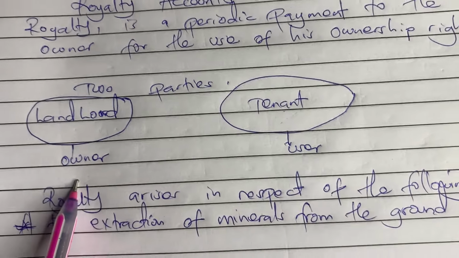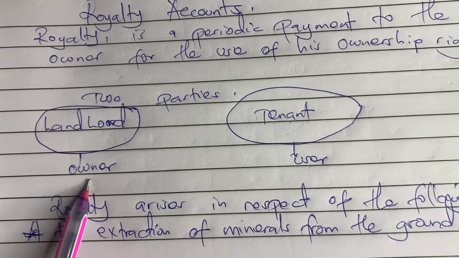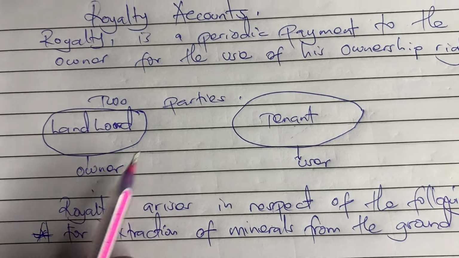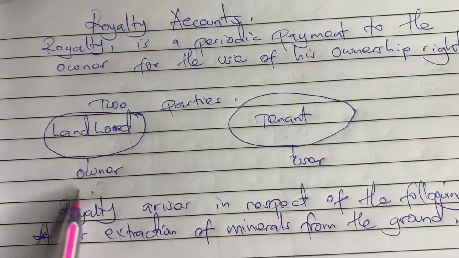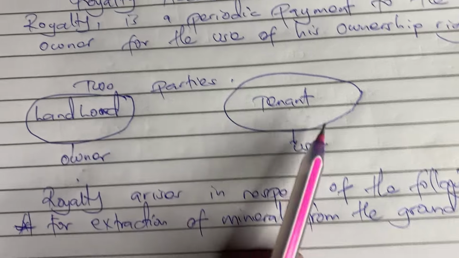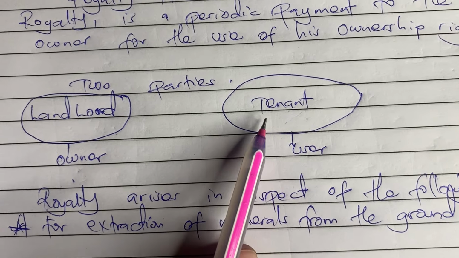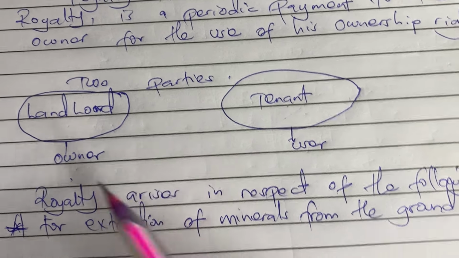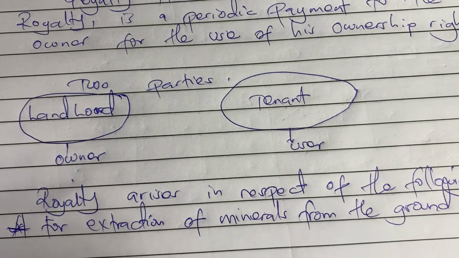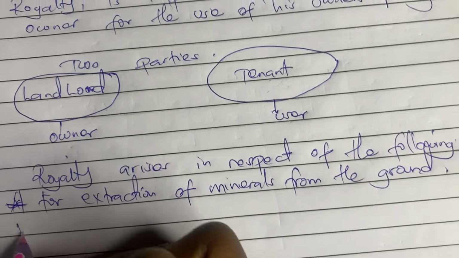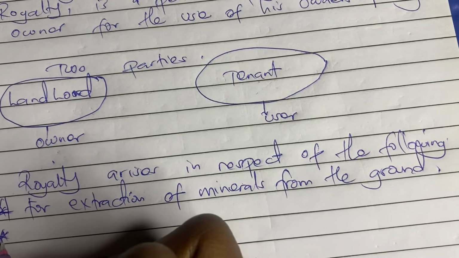If the landlord has land and this land has minerals and this person wants to extract minerals from this one's ground, they will have to pay him a certain amount of money every time they extract from his land, and that money that is given is what we call royalty.